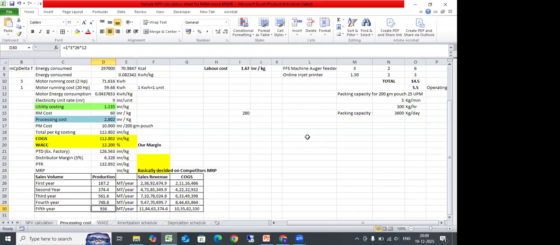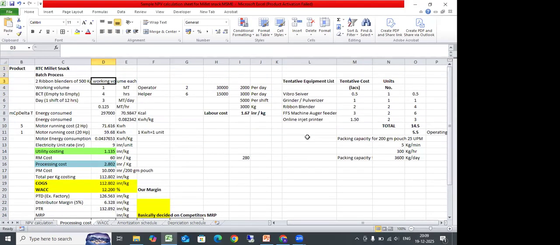Manpower cannot be reduced, because the manpower will remain the same. We need to have the same manpower. The utilities cost will go down. In that case, your RM cost, PM cost will go down, in a sense that you have to invest lesser to start with.